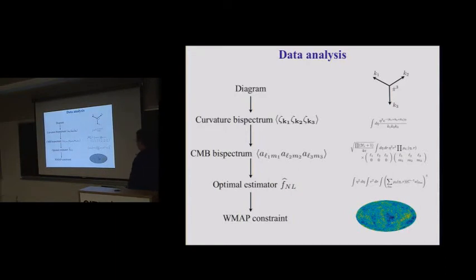Once we've done that calculation and we have a 3-point function between a_lm's of the CMB that we're looking for, we then have to construct an estimator that will feed in a CMB map and output some sort of statistical estimate for the amplitude of that 3-point function. And then finally, there are some technical issues evaluating this estimator practically on WMAP. So let's talk about each of these steps.